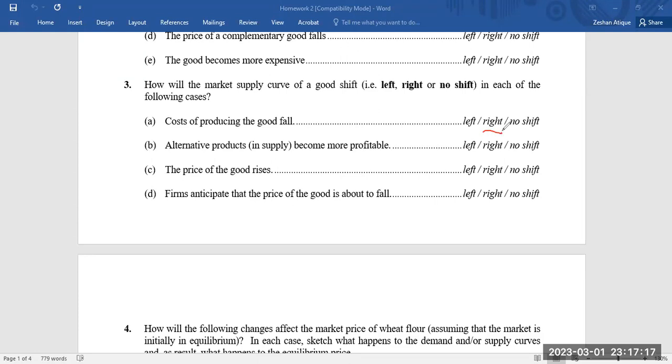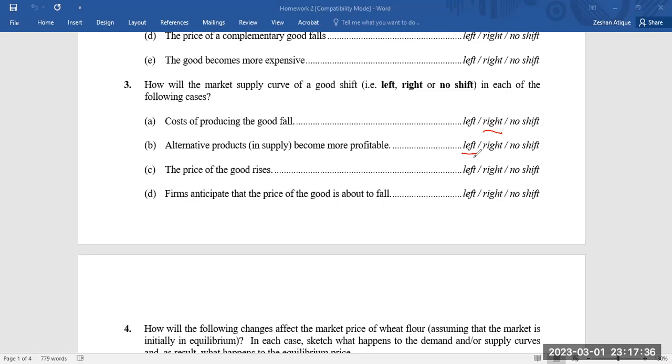Similarly, if alternative products become more profitable, people invest in those other products, so they supply less of the less profitable good. The supply curve of that good should move left.